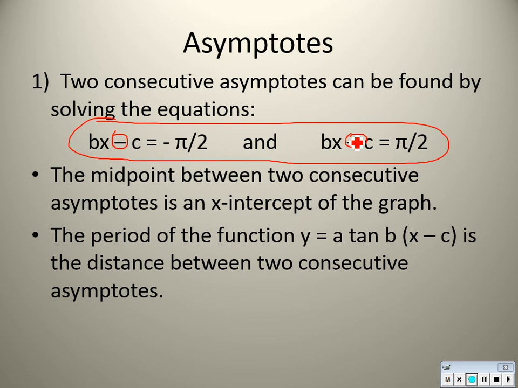The midpoint between two consecutive asymptotes is an x-intercept, and the period of the function is simply defined by the distance between two consecutive asymptotes. If you recall, when we were talking about sine and cosine, the period was defined by the horizontal distance it took for the graph to make one full cycle. For a tangent graph, the period is simply the distance between two consecutive asymptotes.